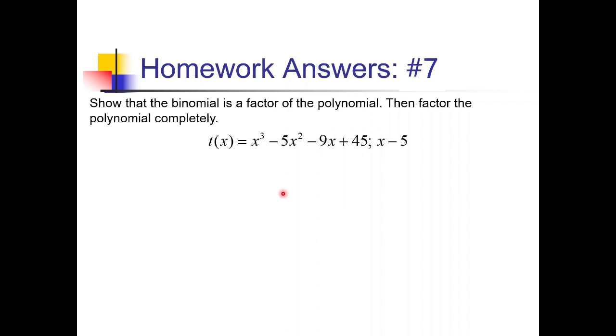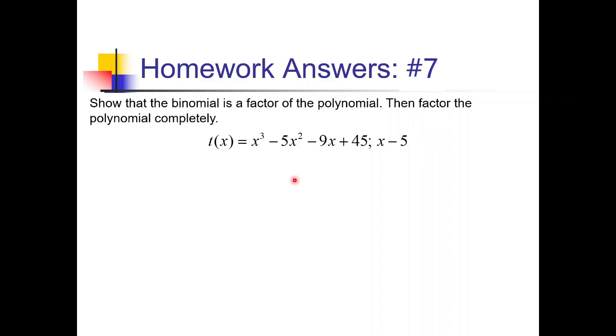For the next 3 problems, we need to show that the binomial, x minus 5 for this particular problem, is a factor of the polynomial, t of x in this case, and then they want us to factor the polynomial completely using that. They said show that the binomial is a factor, so we're guaranteed that x minus 5 is a factor. We just need to prove it.